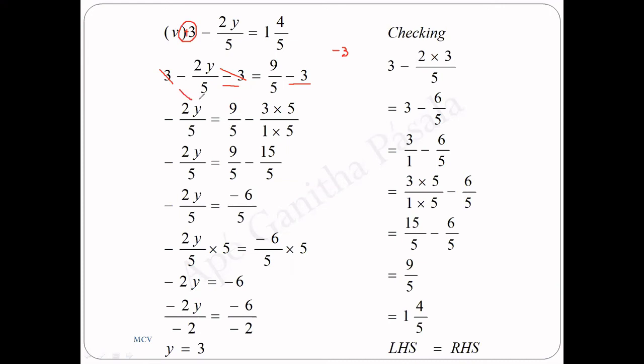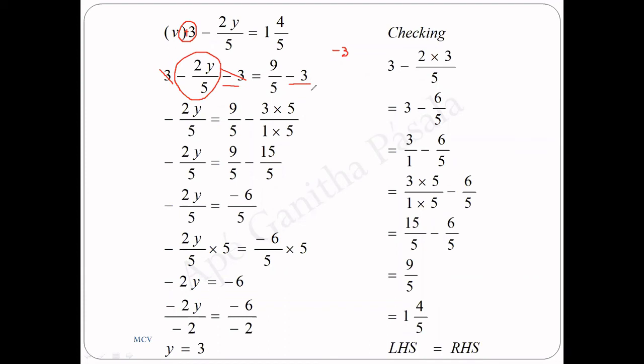So what is remaining here? Minus 2y over 5 remaining in the left hand side. The right hand side 9 over 5 minus 3 remains.